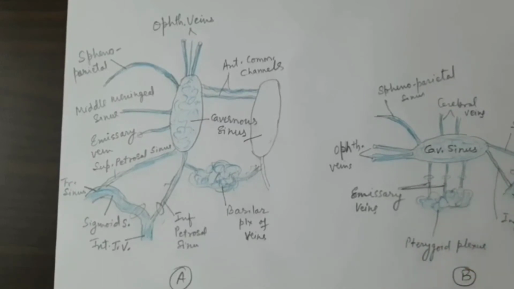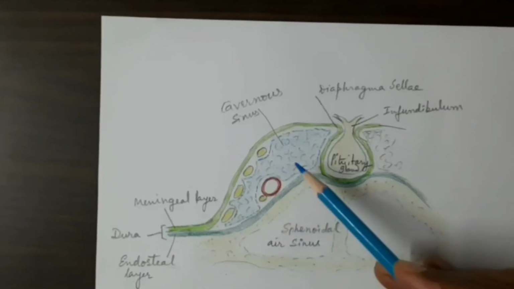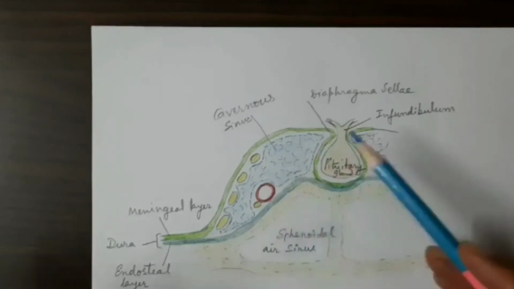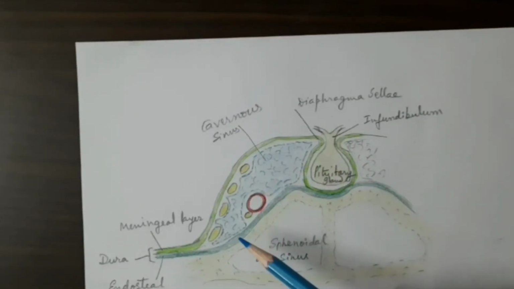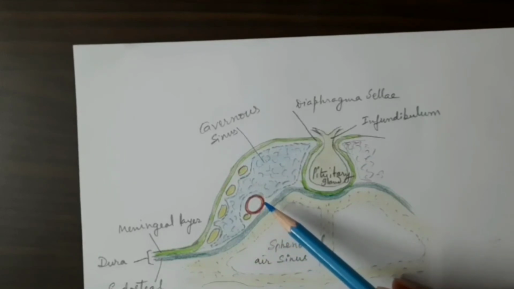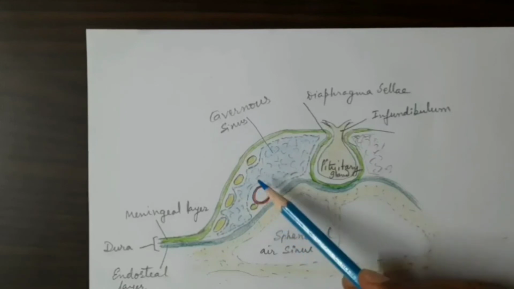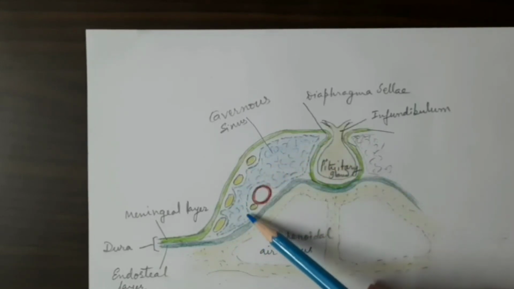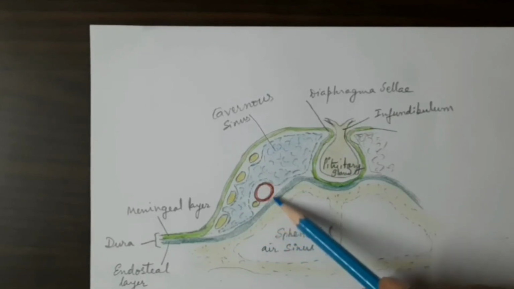Let us come to the contents of this cavernous sinus. There is nothing within the cavernous sinus except this blue colored venous blood. Every structure which seems to be within the cavernous sinus is actually outside it. Only the venous blood is within the cavernous sinus, because it is lined by endothelial lining. All other structures are near the medial wall.